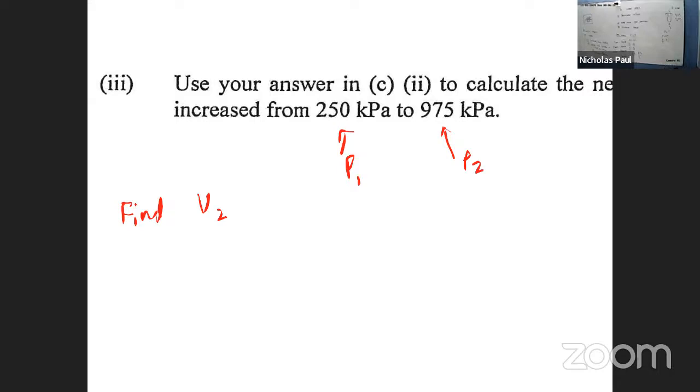Remember temperature must be in Kelvin. It does not apply here, but remember that.